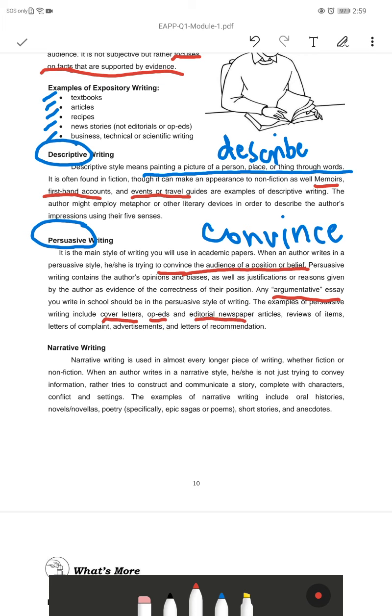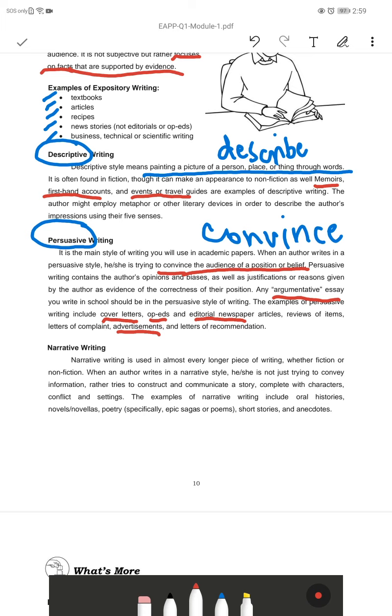If you would read editorials, you would see there that the writer is trying to express his or her belief about a certain social issue supported by evidences. Okay? So those are examples of persuasive writing. Of course, advertisements. Advertisements are made to persuade us consumers to buy their products.